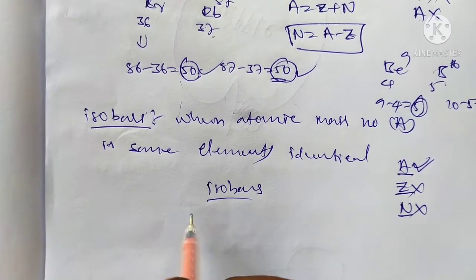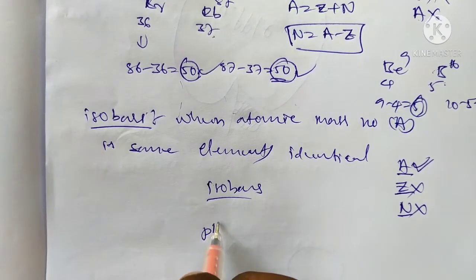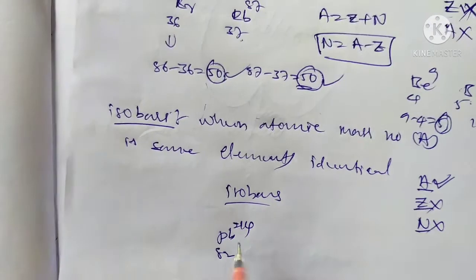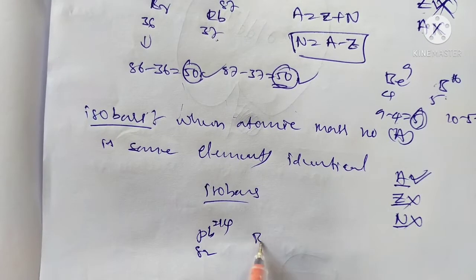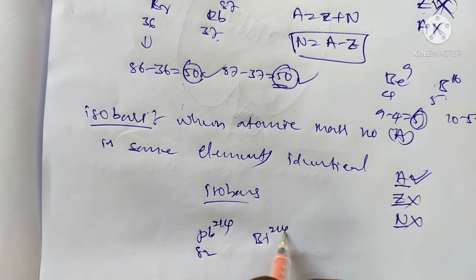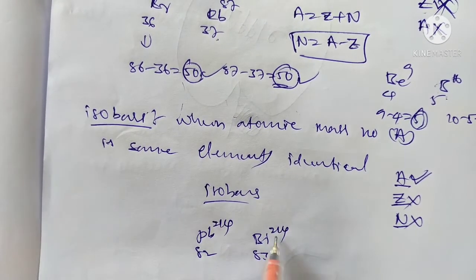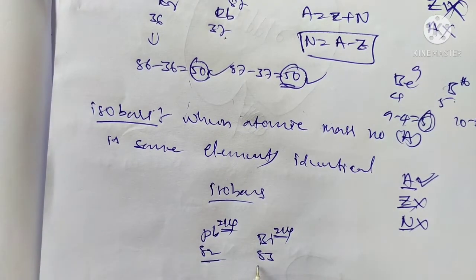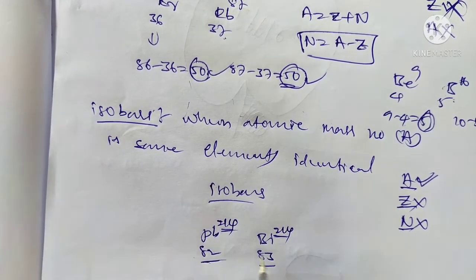An example is lead Pb 214/82 and bismuth 214/83. The atomic mass number is the same, the atomic number, that is the proton number, is different, so the neutron number is different.